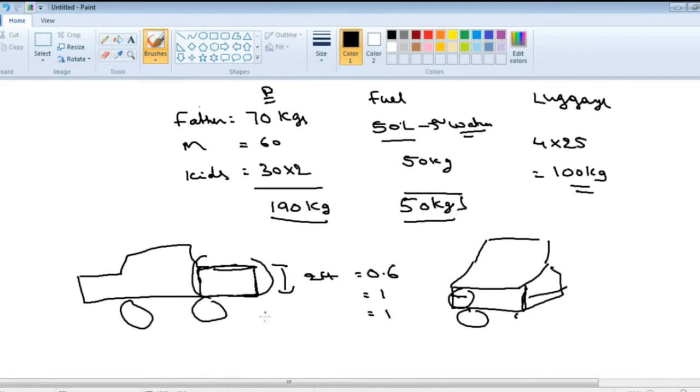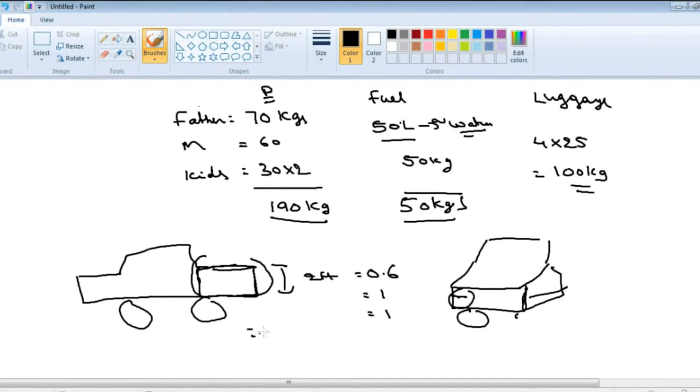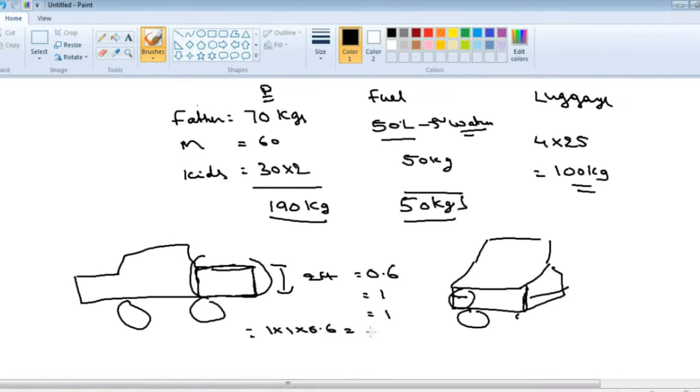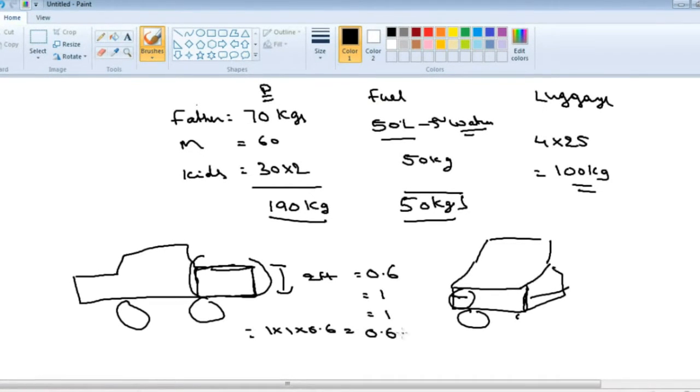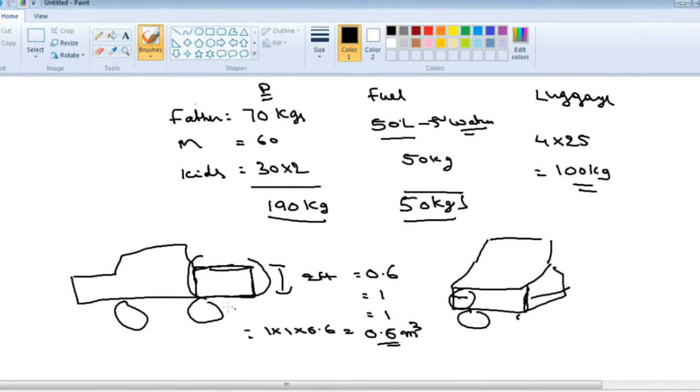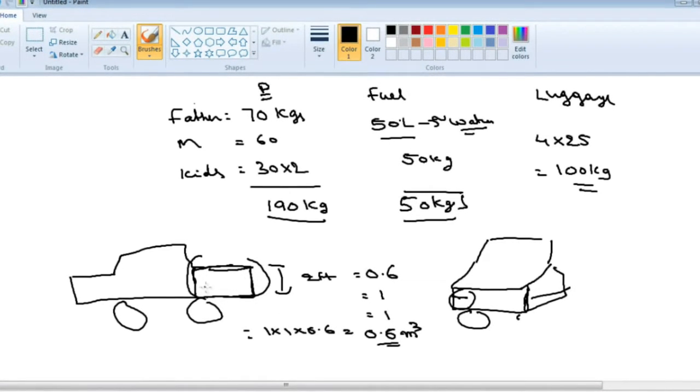So the major contributor to the weight of a car is this volume. 1 times 1 times 0.6. This is 0.6 meter cube. How to estimate the weight? Now this is steel, this is proper metal.